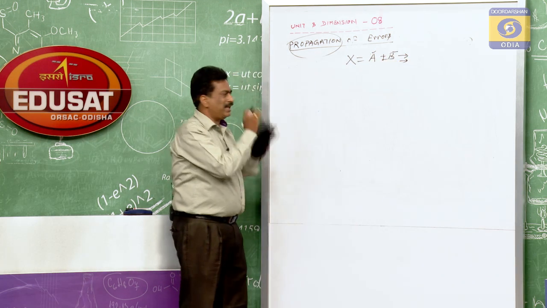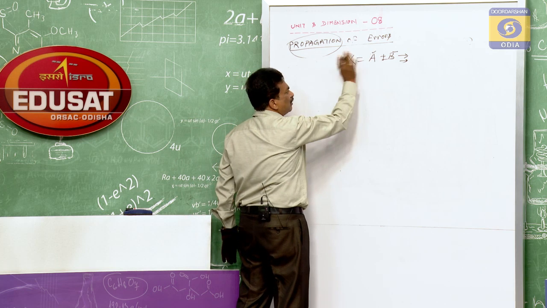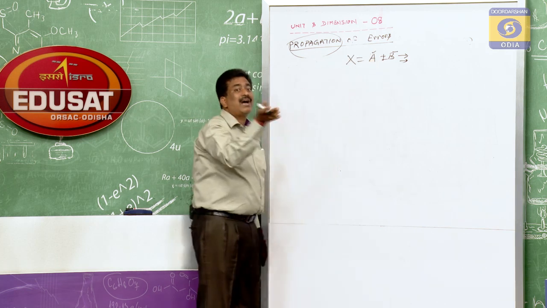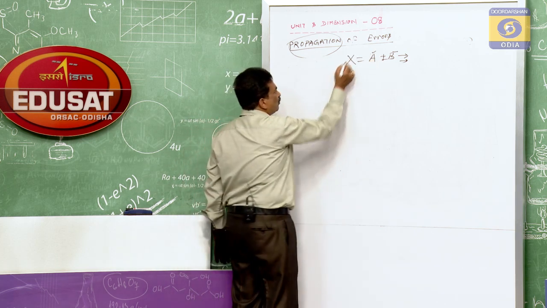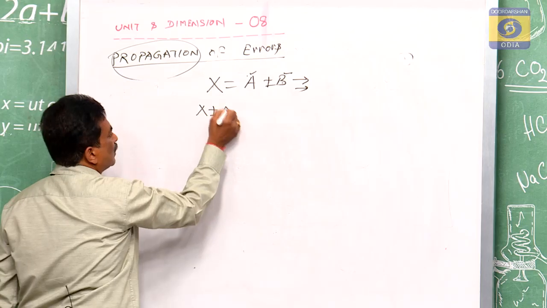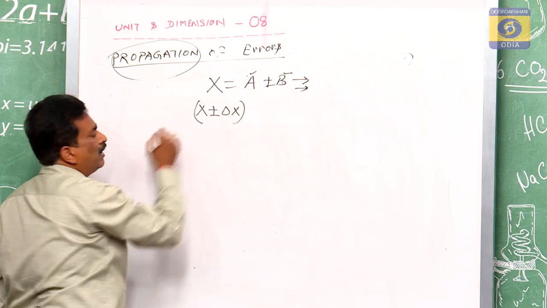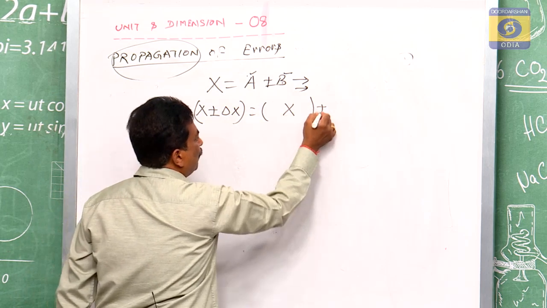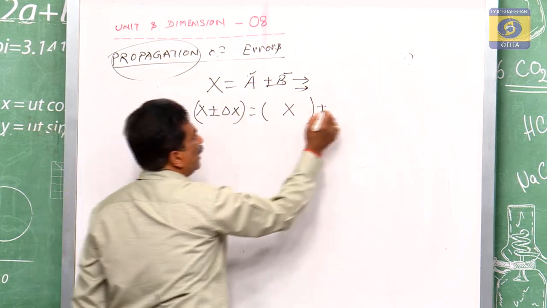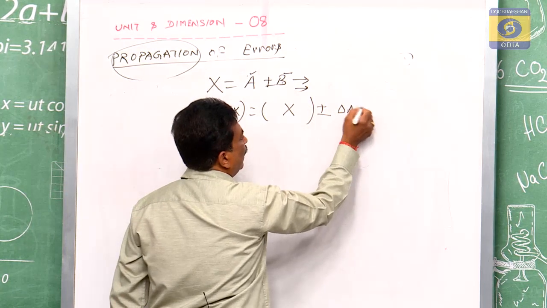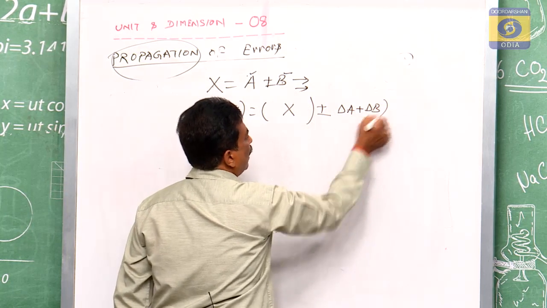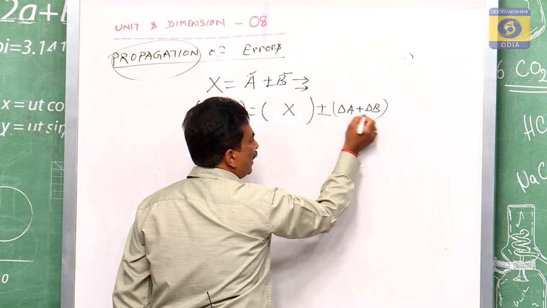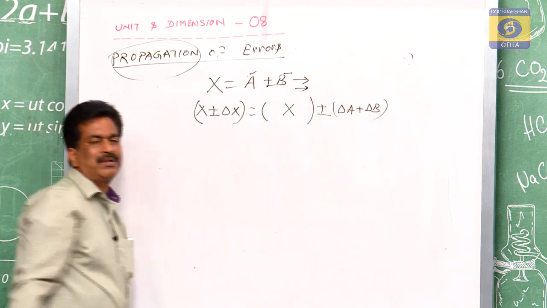If these two are not the true values, they are with error. So what will this be? x plus or minus del x. Now x plus or minus del x we obtain as del a plus del b. Here not minus, only del a plus del b.